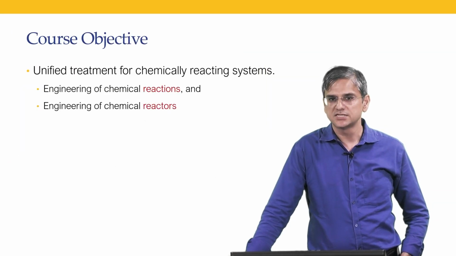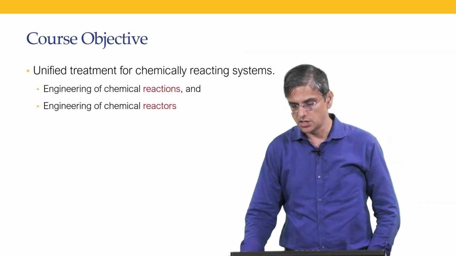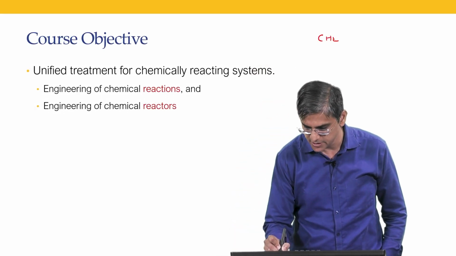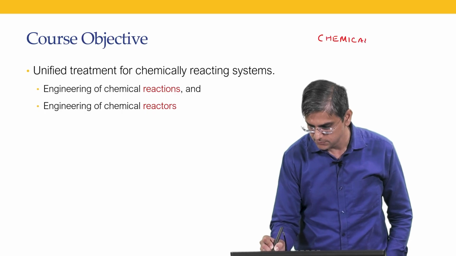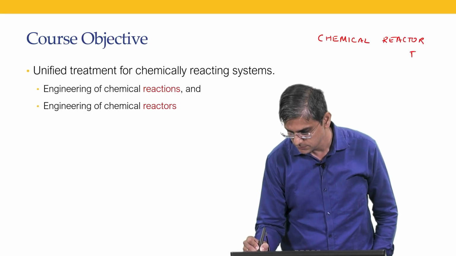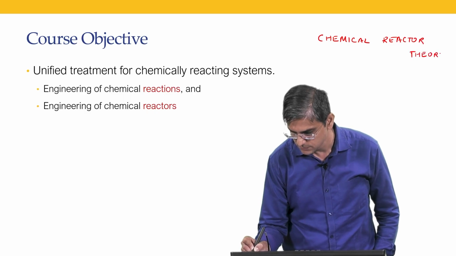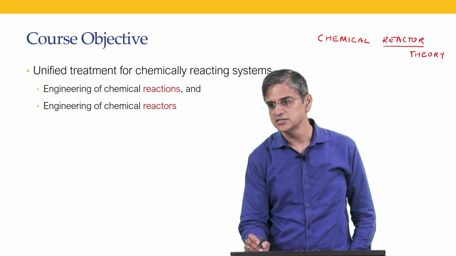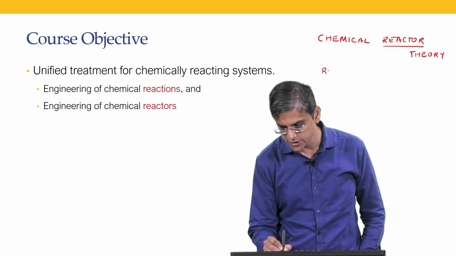Okay, so let's now start to talk about our course. The course is called Chemical Reactor Theory. Okay, so we are going to talk a lot about reactors, but we are also going to talk about reaction engineering.